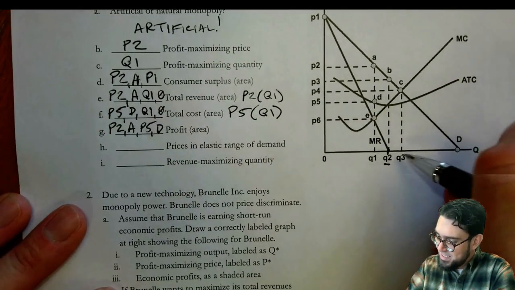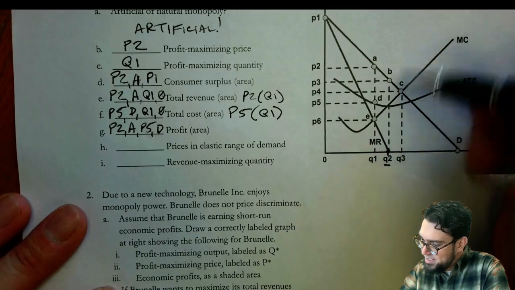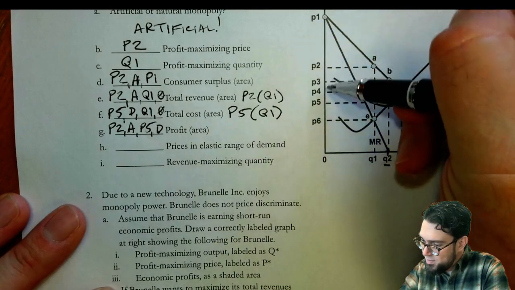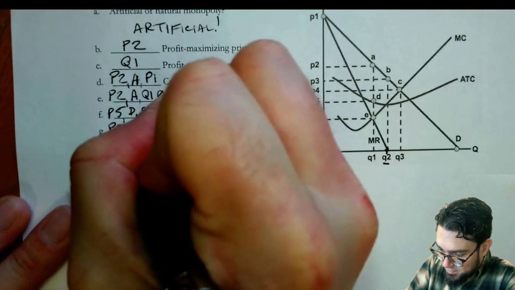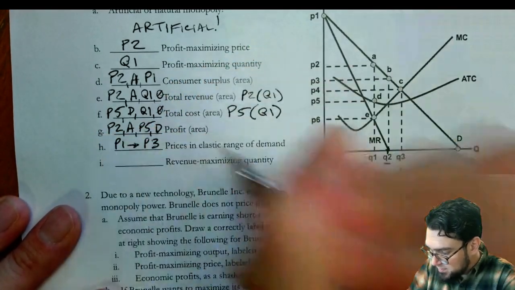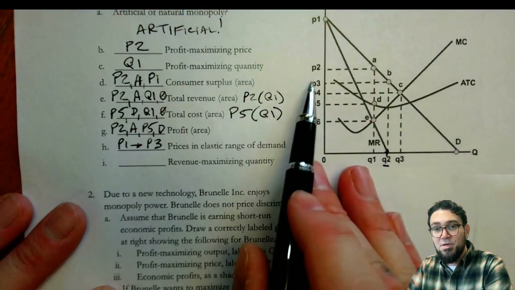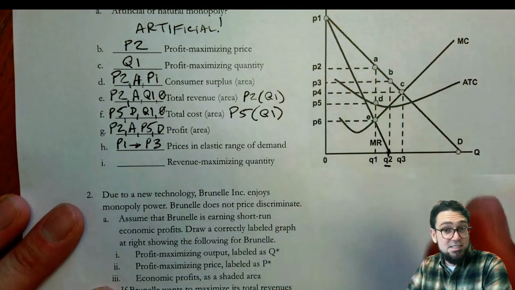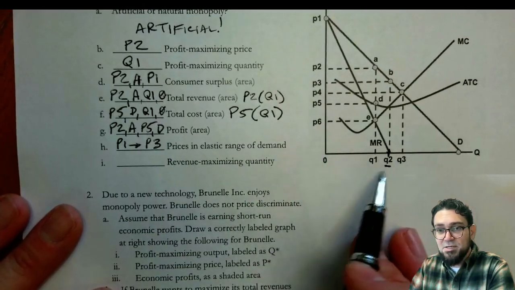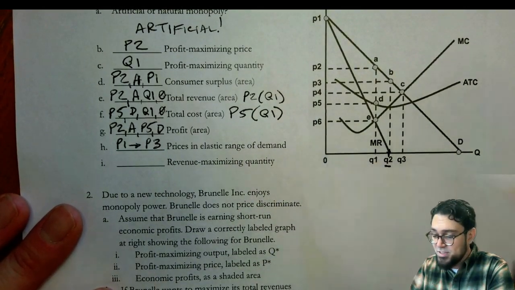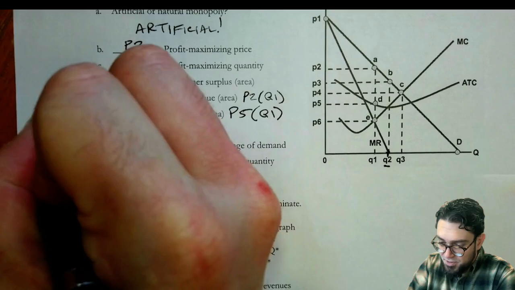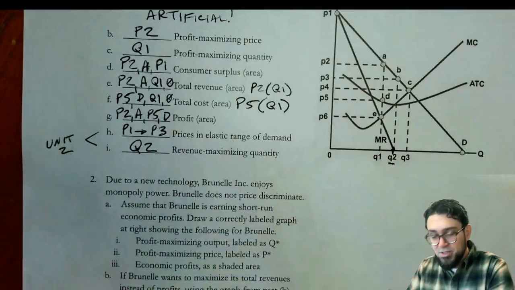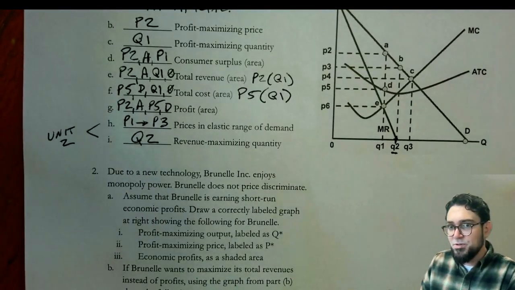And so the elastic prices would be anywhere from P1 to P3. Yep, P1 to P3, and it does not actually include P3. P3 is the unit elastic point. So the revenue maximizing quantity is just going to be where MR is equal to 0, which is Q2. So these are from Unit 2, and you can see that they kind of showed back up in a weird spot for us.